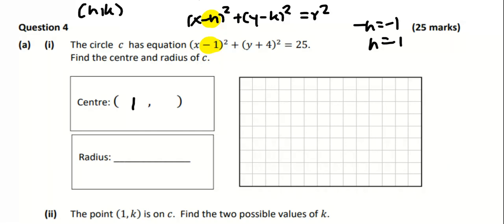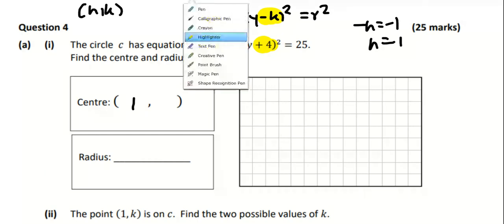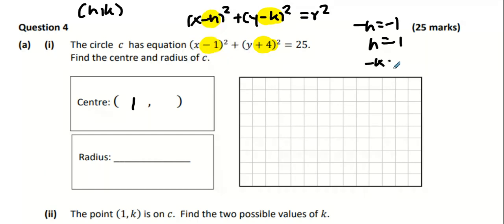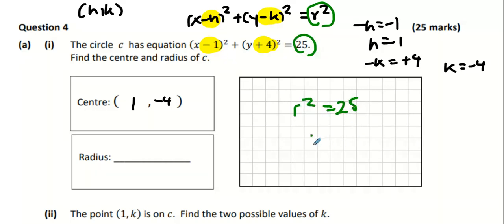The next one is going to be minus k equals plus 4. Multiply both sides by minus 1 and you get k equals minus 4. The radius squared equals 25, so r squared equals 25. This must mean r equals 5. And there's your radius right there.